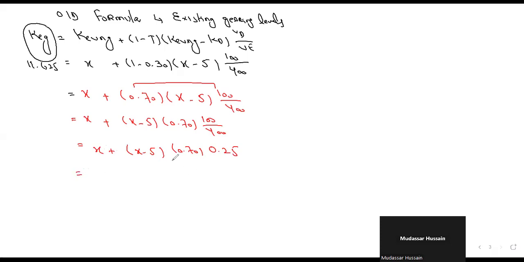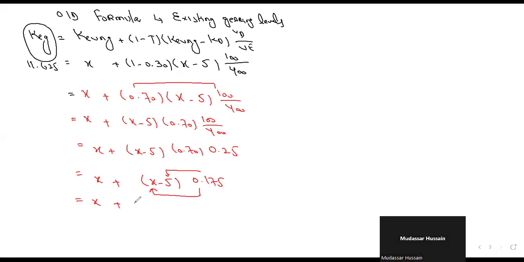Now 0.25 multiplied by 0.70 gives you 0.175, and this is x minus 5, and this is x plus. Now this 0.25 is being multiplied with this figure, and this is being multiplied with this figure as well.